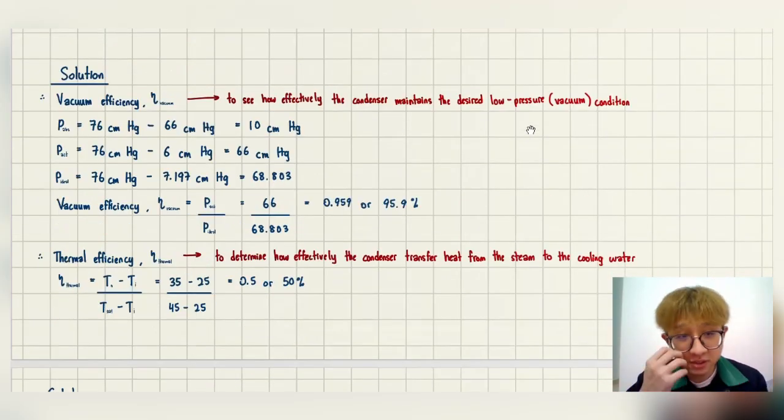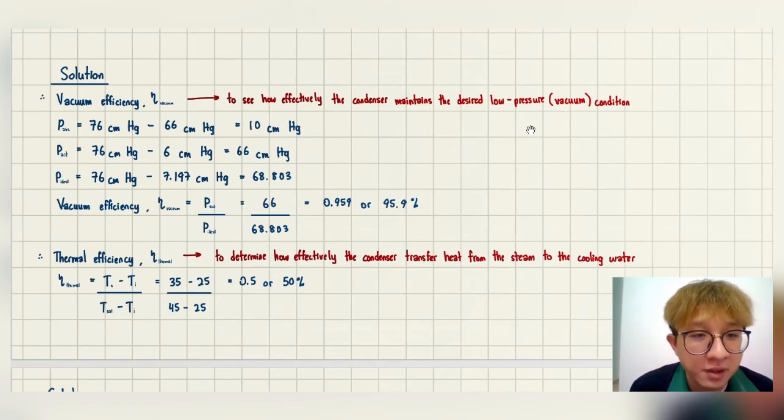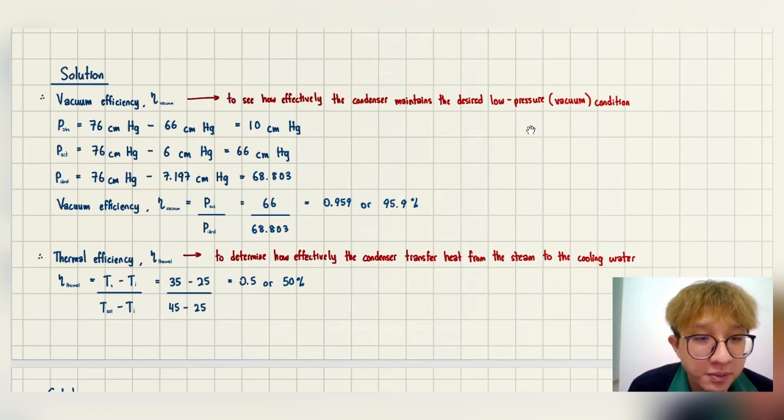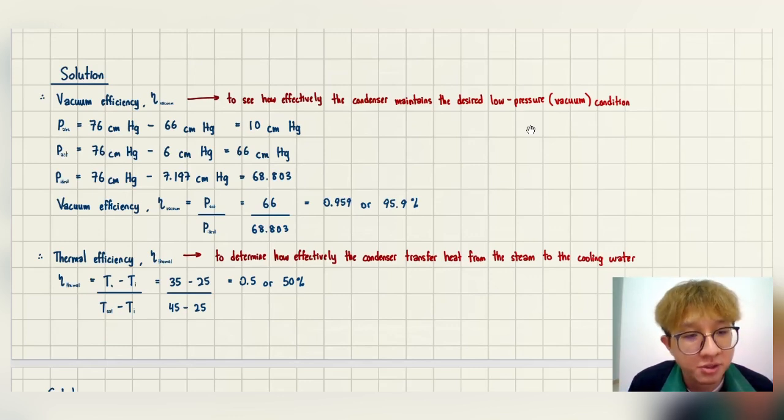For the solution, first we are going to find the vacuum efficiency. Vacuum efficiency is to see how efficiently the condenser maintains the desired low pressure condition. The absolute pressure is 10 cmHg, the actual pressure is 66 cmHg, and the ideal pressure is 68.803 cmHg.